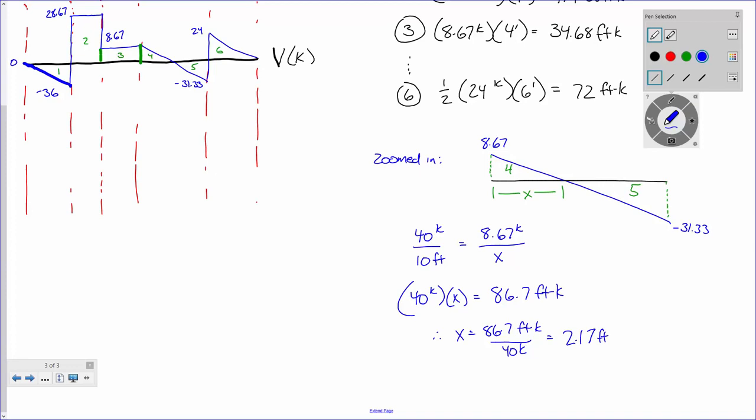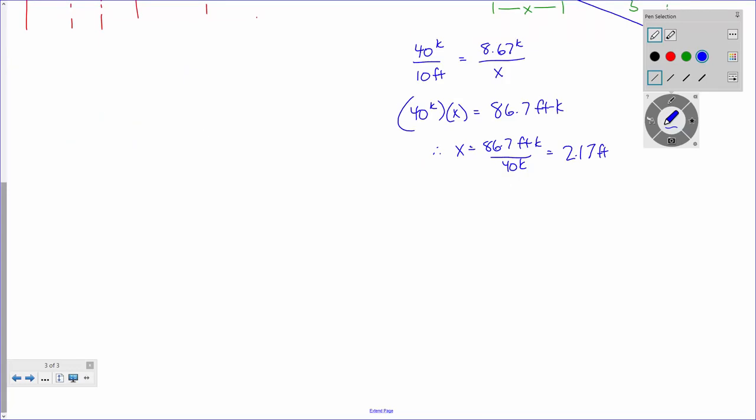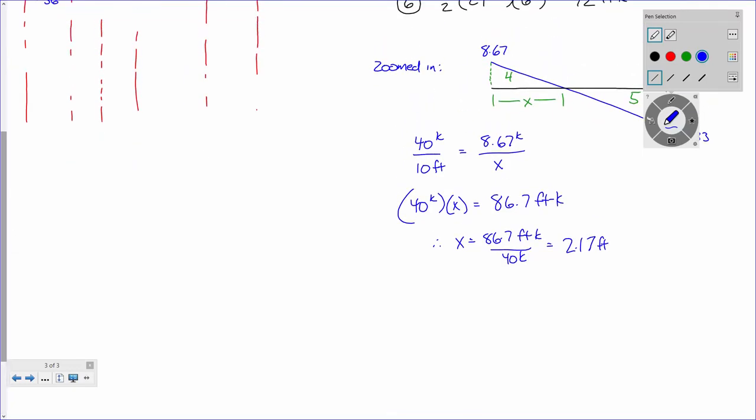So if I want to, let me extend that out a little bit. Therefore, if I want to calculate the area of 4 and the area of 5, 4 is going to be 1/2 positive 8.67 kips times 2.17 feet.